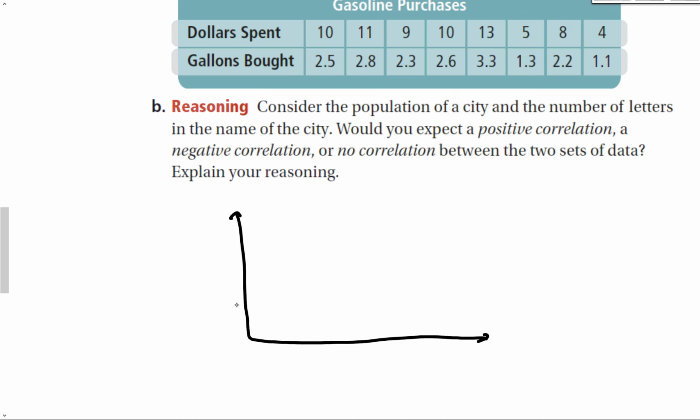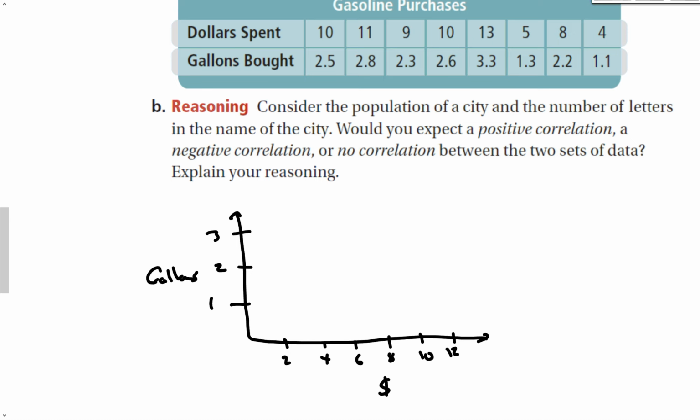So gallons bought, let's go 1, 2, 3, and then dollars spent, let's go by twos: 2, 4, 6, 8, 10, 12. This is dollars. This is gallons.